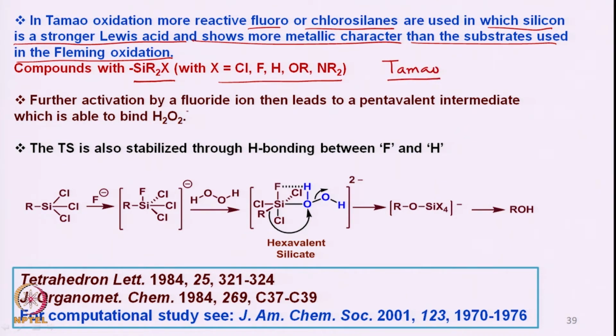Now further activation by a fluoride ion then leads to a pentavalent intermediate, which is able to bind hydrogen peroxide. Now it is something like this. If one takes a silicon substrate which is shown here with 3 chlorines, but one can also start with only one halogen, then the fluoride ion reacts with it, which forms a pentavalent intermediate.